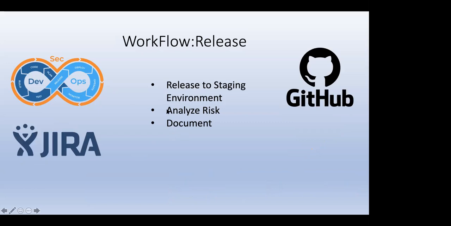The release portion is basically released to the staging environment. There have been some environments where we do release to dev. We complete this whole life cycle within one environment, and then we do the same thing within staging, and then the same thing within production. But in some environments I've been in, we test and then we release to staging, and then we deploy in production.